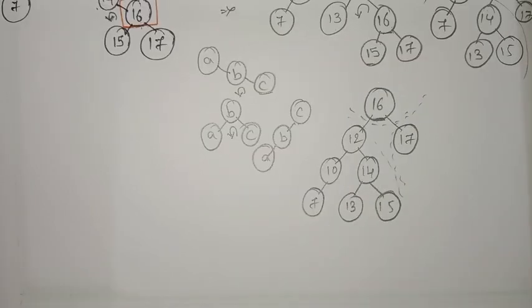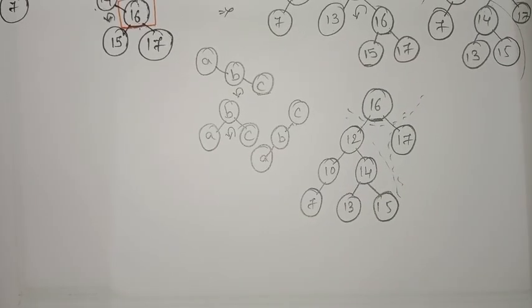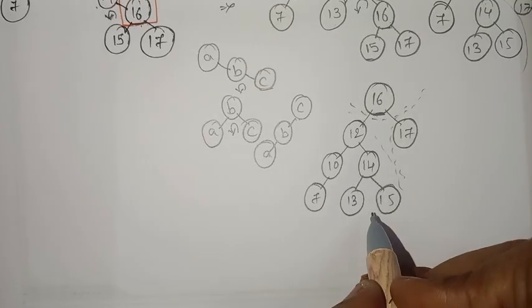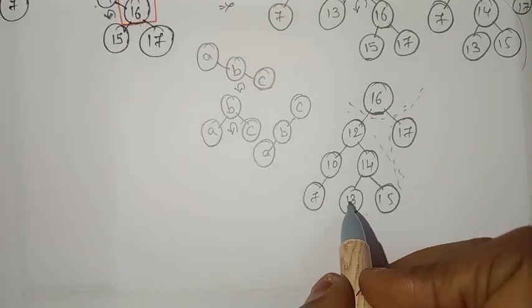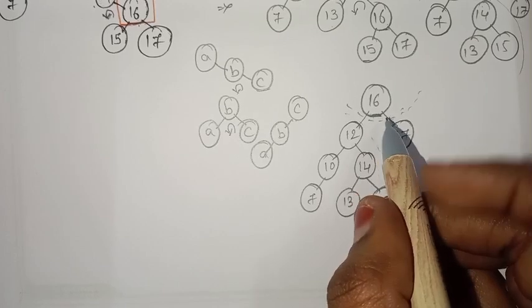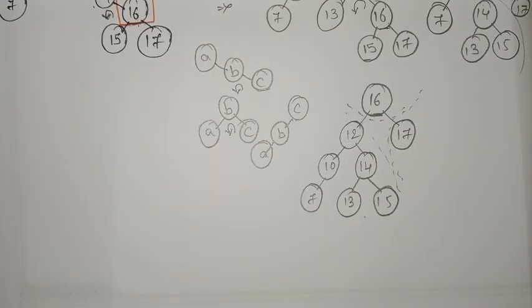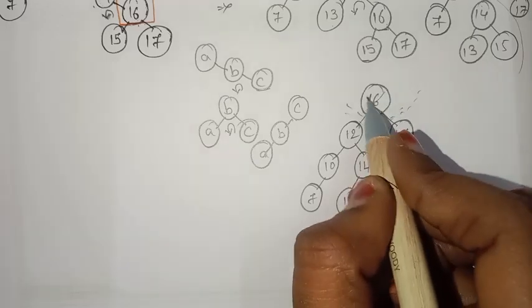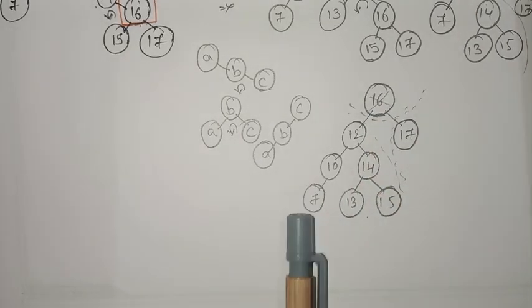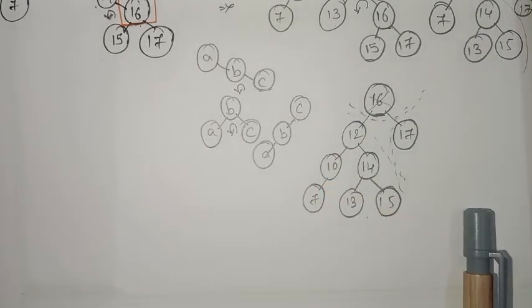Now we need to take the in-order predecessor or in-order successor to replace this 16, because 16 is a root. So here we are going to delete this 16. Once this is deleted, as we told, these subtrees will be different.